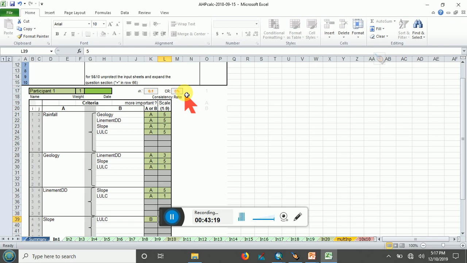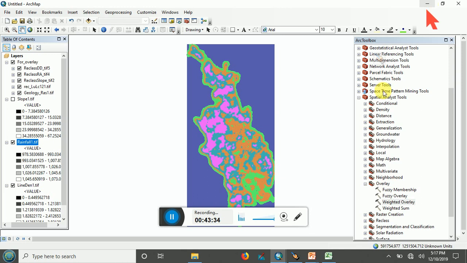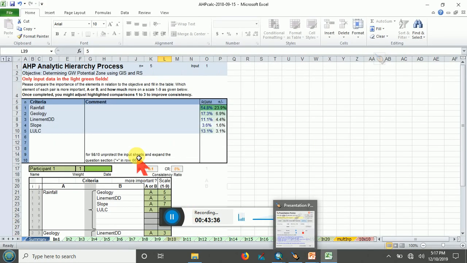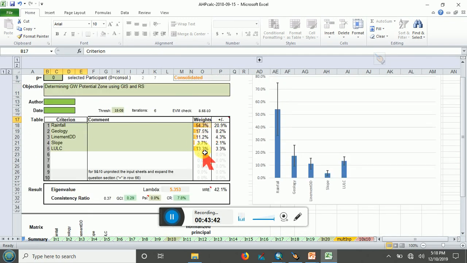But still, what we need is the percentage influence values. We are working on AHP just to have those values. Then what are the weights that this AHP calculated? Go back to the summary and you have the weights here.